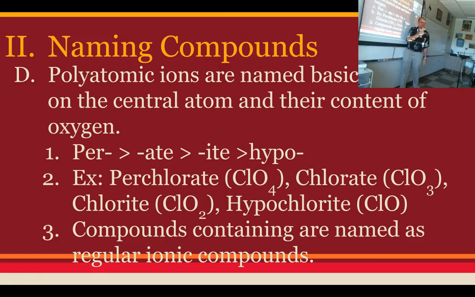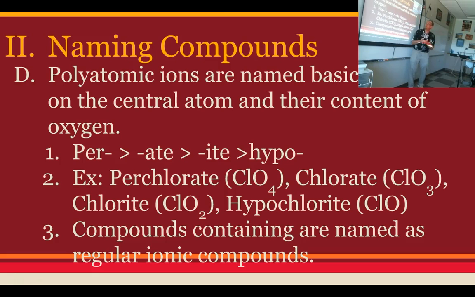If there's only 2 kinds of a polyatomic ion, like sulfate and sulfite, SO4 and SO3, you would name the one that has more oxygen sulfate, and the one that has less oxygen sulfite. And that tells you that between the 2 kinds, the one that has more, SO4, is sulfate, and the one that has less, SO3, is sulfite.